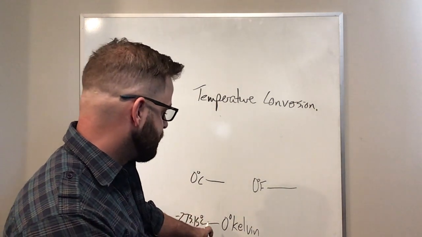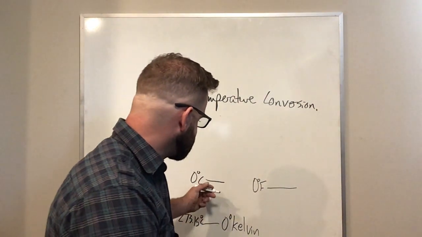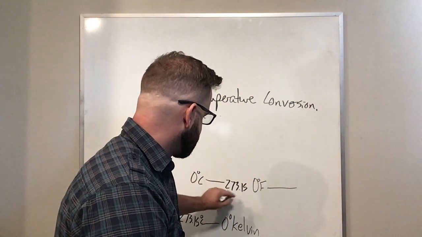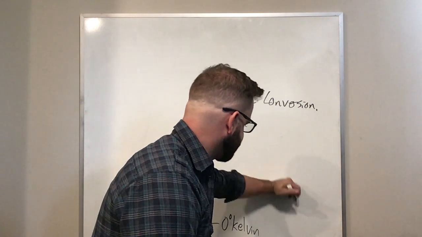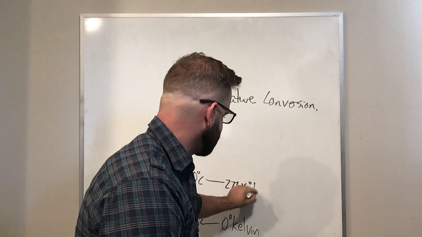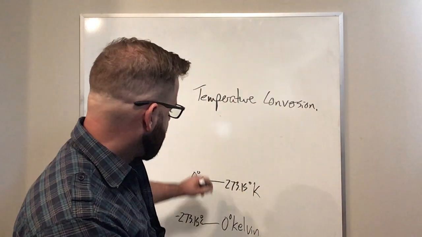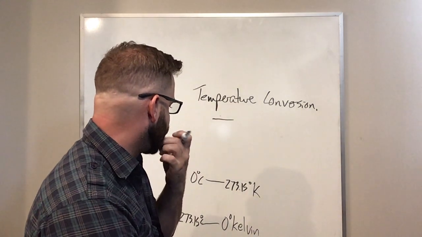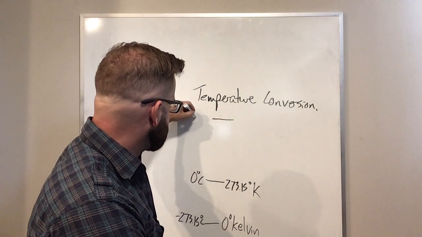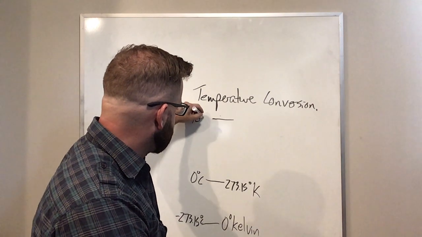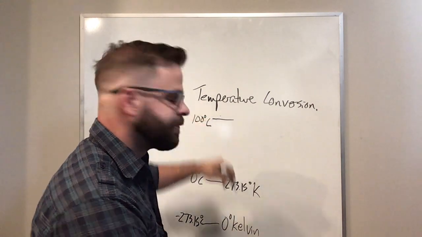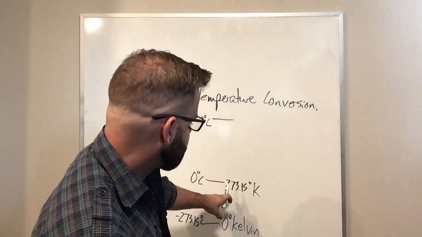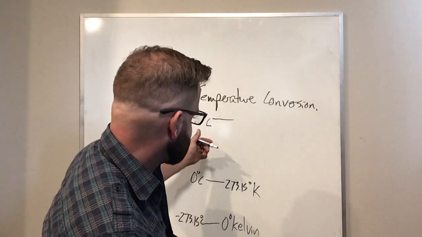So that would mean then 0 degrees Celsius is equal to 273.15 degrees Kelvin. And if we were to go up to the boiling point of water, which is 100 degrees Celsius, we would just add 100 degrees Kelvin onto this value because they increase at the same rate.